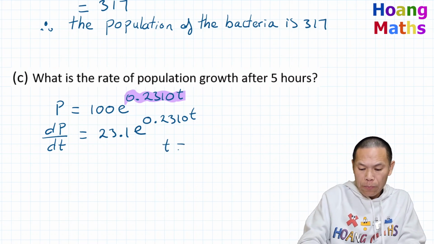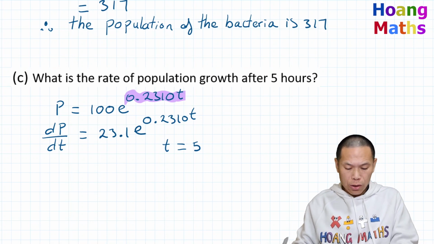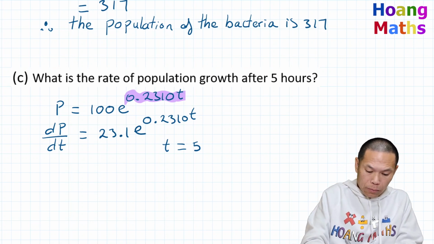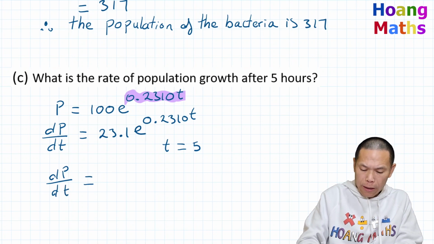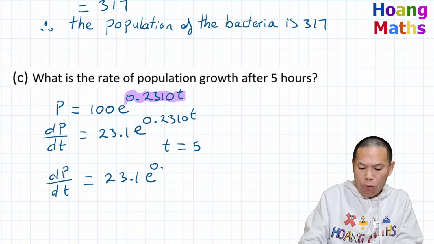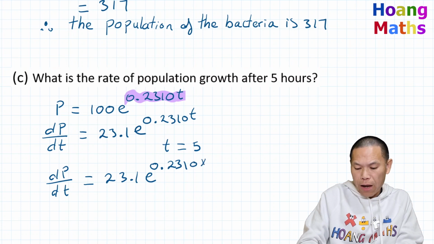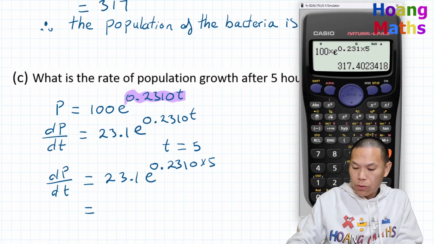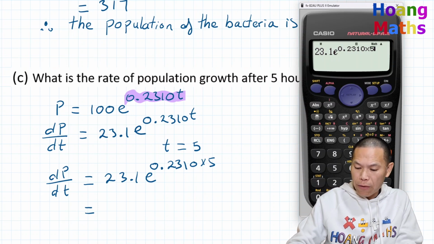So when t is 5, dP/dt is 23.1 e to the 0.2310 times 5. That is 23.1 e to the power of 0.2310 times 5.